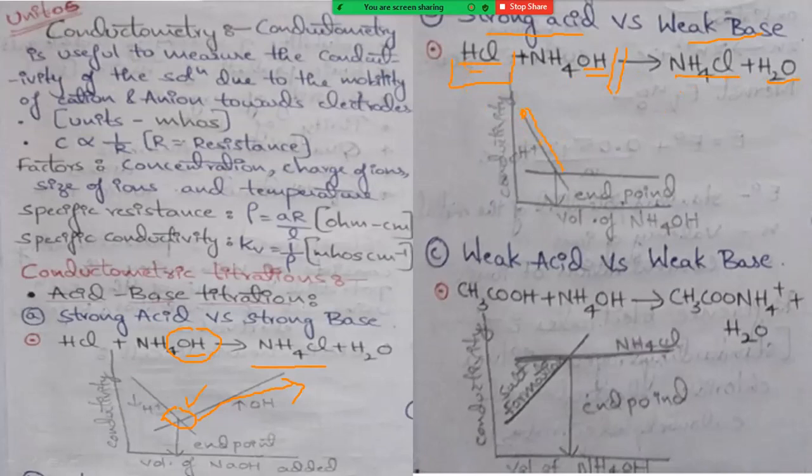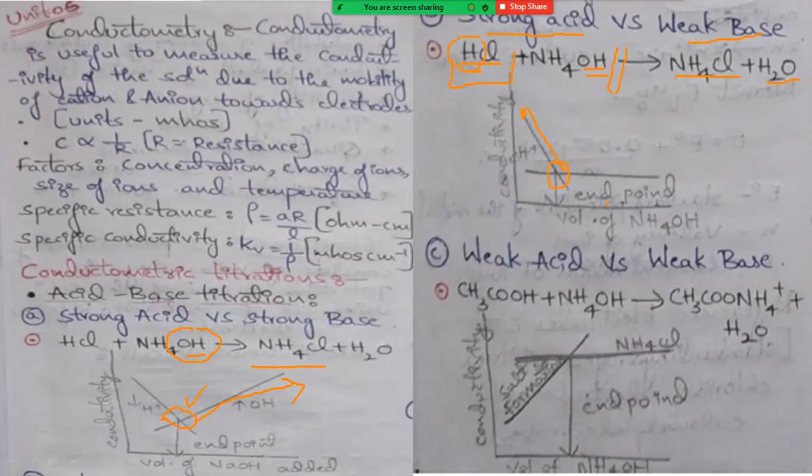Slowly the H+ ion concentration will decrease in the solution, so the conductivity values will decrease. At the end point, here also all H+ ions are completely consumed by OH- ions. There are no further H+ ions available, so the reaction is completed and it reaches the end point.